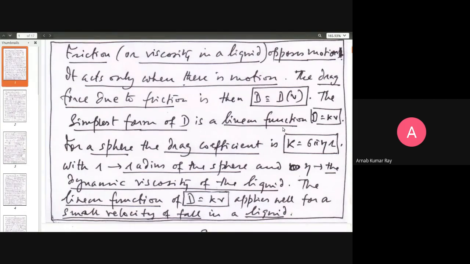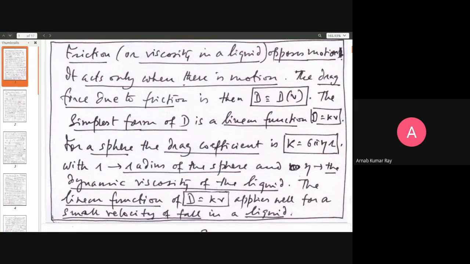Here we are taking a very simple function, namely a linear function. This is the viscous drag force. The object is trying to fall through the long liquid column, but the fluid medium is trying to drag it in the opposite direction. When we say friction over here, we refer to standard fluid friction, in other words, viscosity.